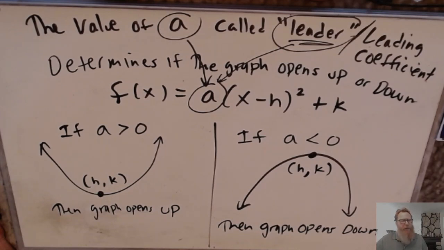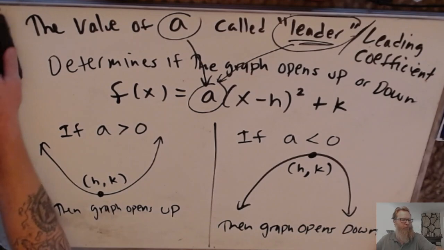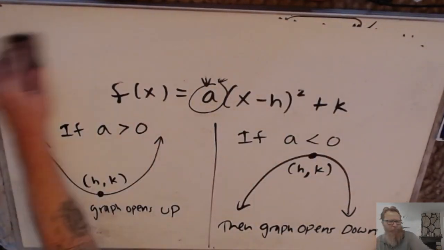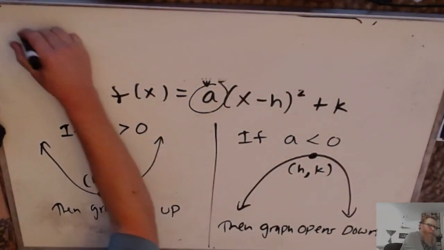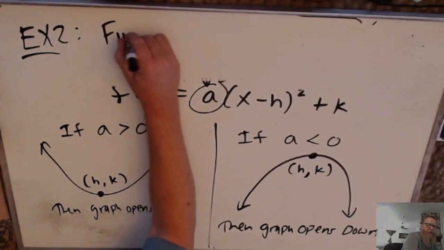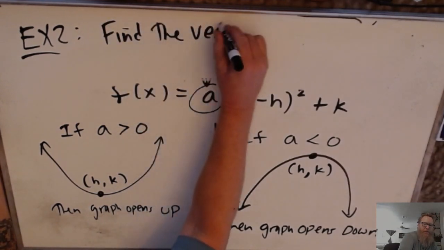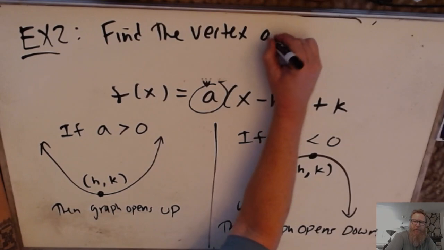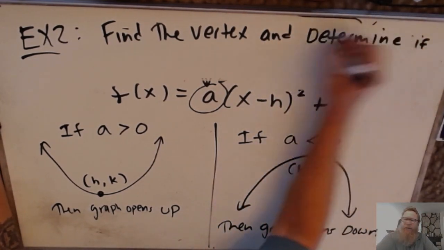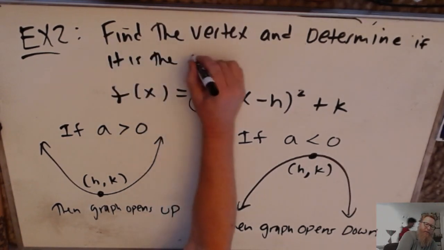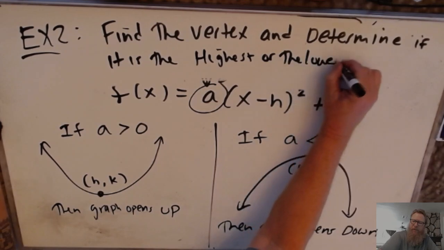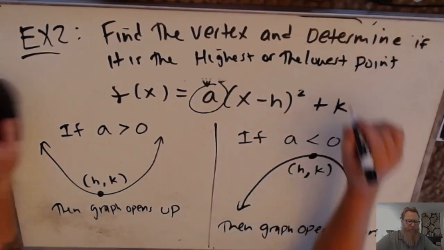All right, so example 2. Find the vertex and determine if it is the highest or the lowest point on the graph.